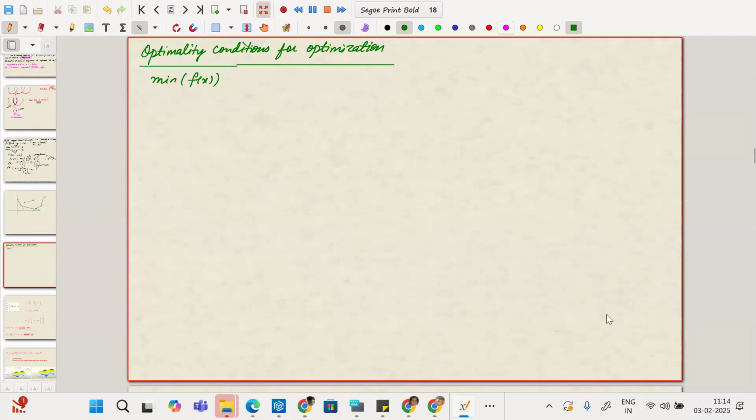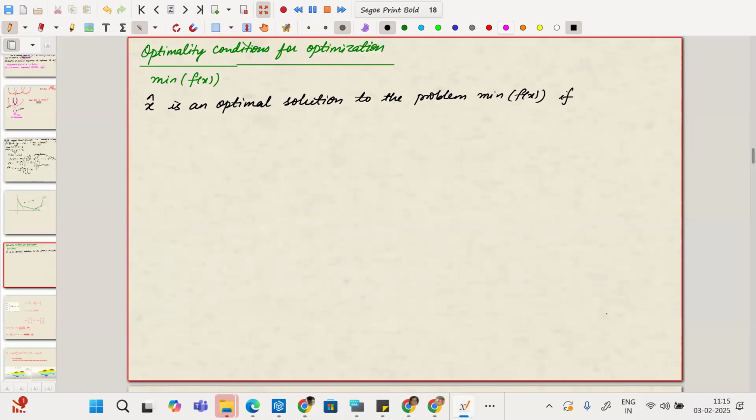Minimum of f of x. We know x hat is an optimal solution to the problem minimum of f of x if what happens?